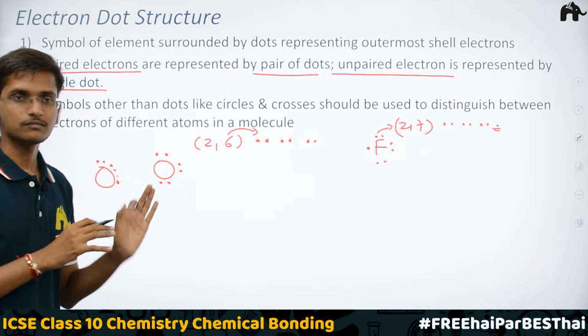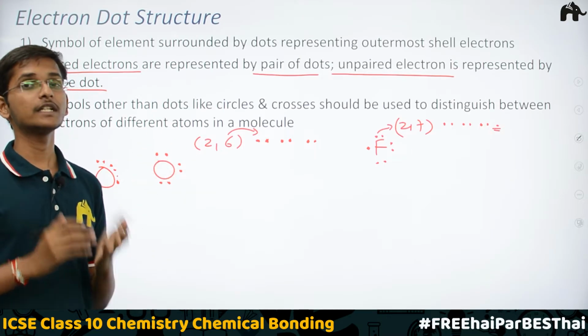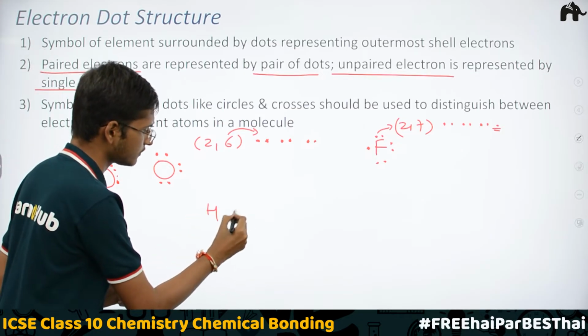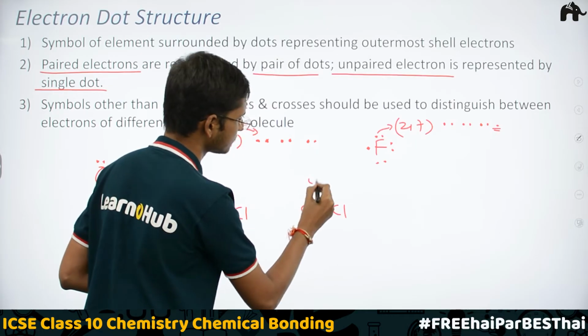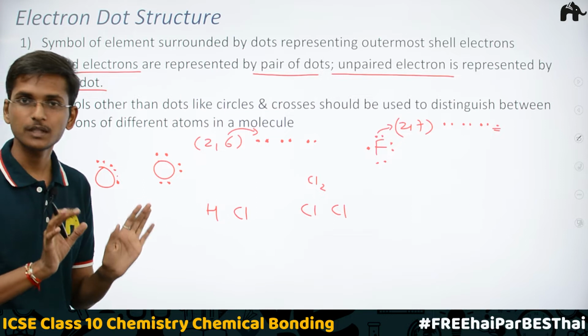Now the third rule would be helpful for us when we are drawing the electron dot structures of molecules. Suppose I have these two molecules, HCl and Cl2. The rule is very simple.